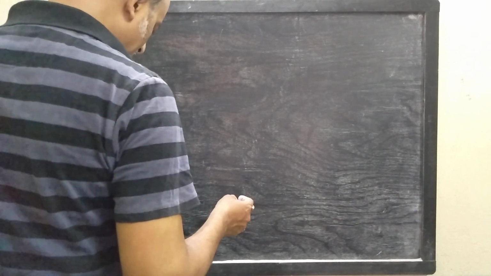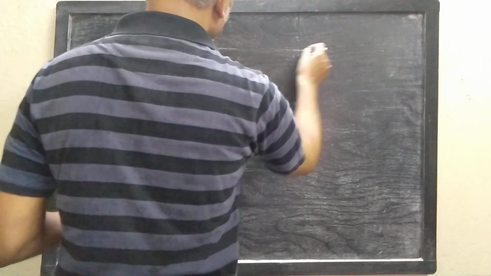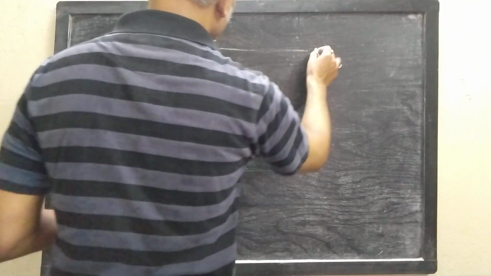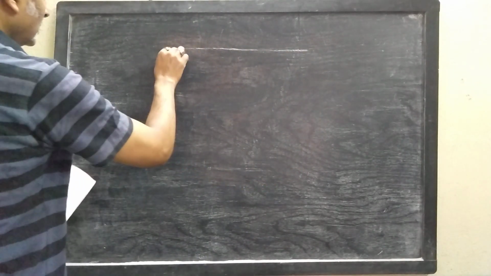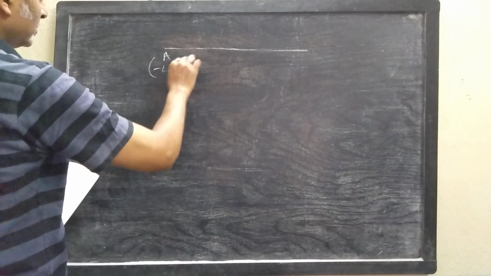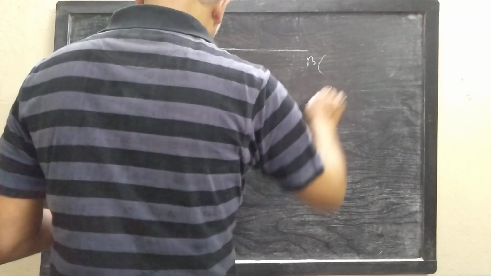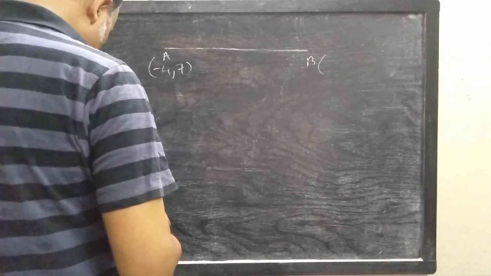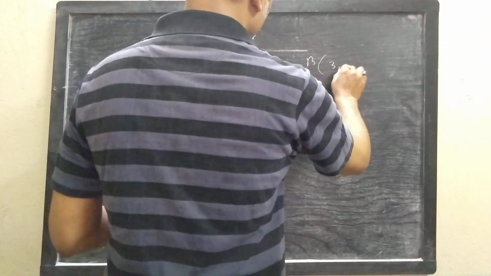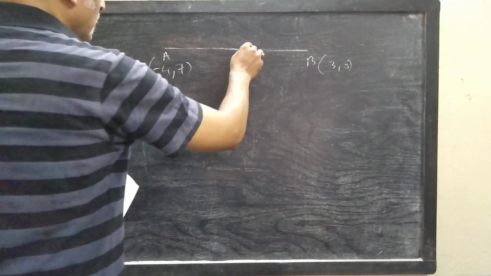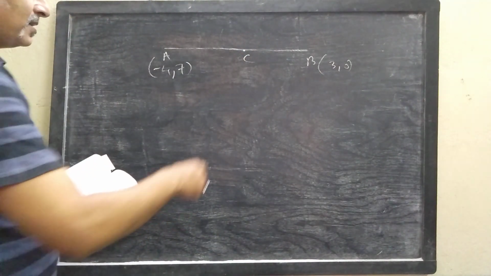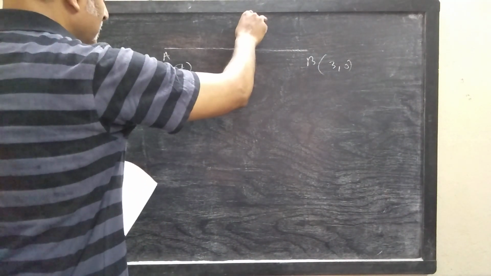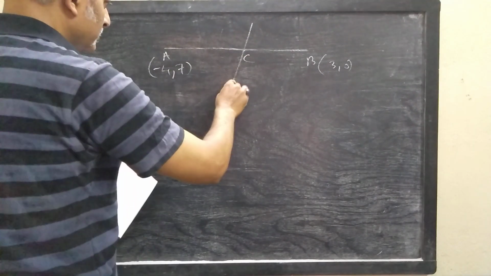The points are A minus 4 comma 7, and the point B has coordinates 3 comma 0. Say the point is C where the y-axis intersects this line. Say this is the y-axis.